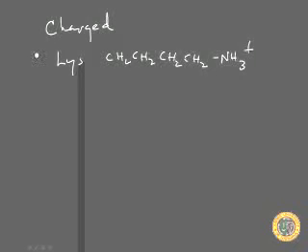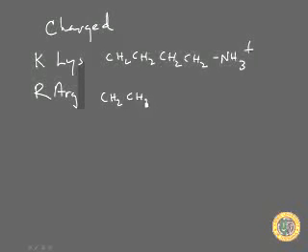And histidine carries an imidazolium group. And histidine is the only amino acid that can be charged or uncharged at physiological pH 7.4. Additionally, lysine and arginine and histidine are essential amino acids.